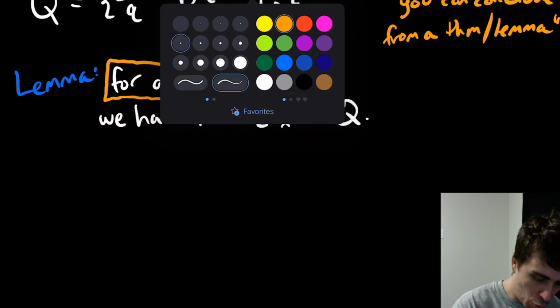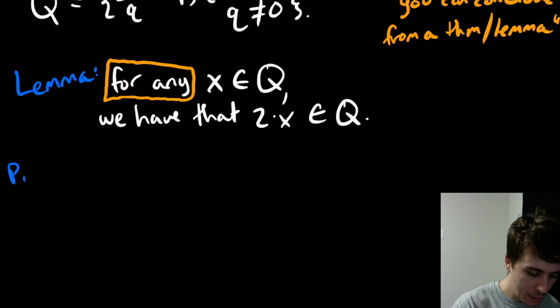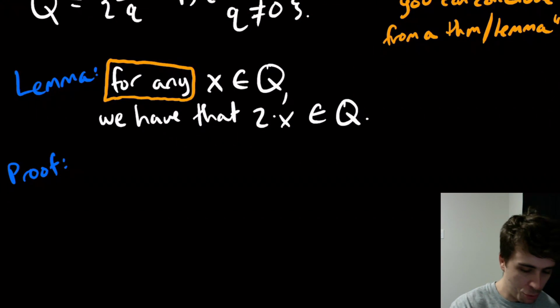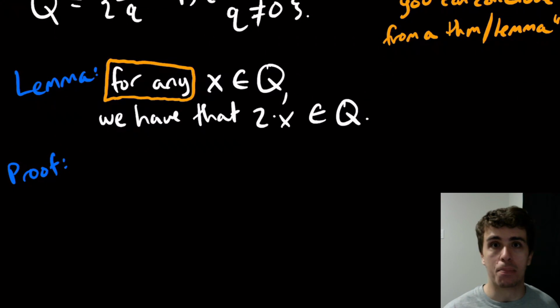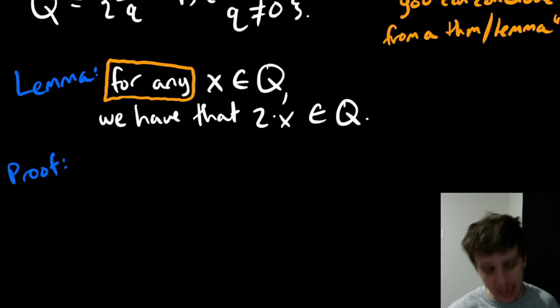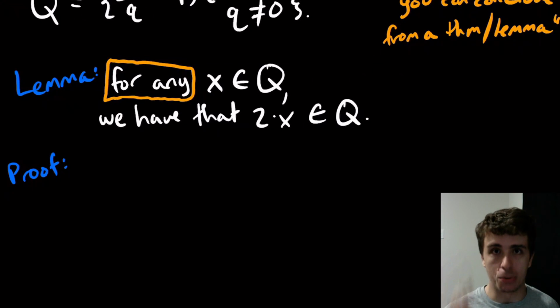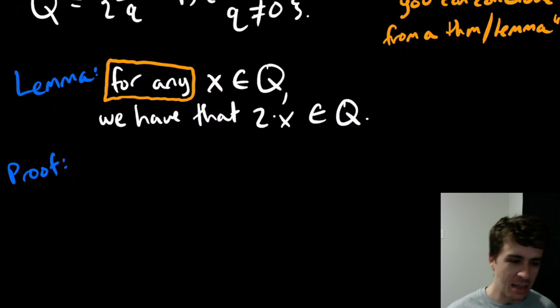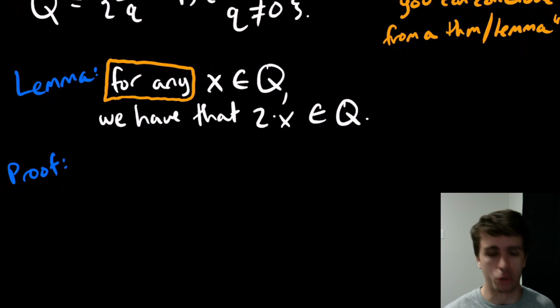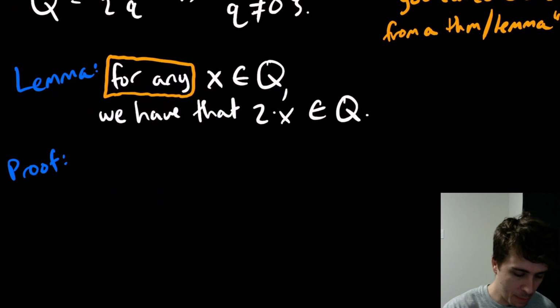So the way that you start here is you usually write the word proof right here. This is to signify that the proof is starting right here. And at the end, I'll put something to say that the proof is done. You don't actually have to do that, but it's helpful for the reader if they're not as experienced with reading proofs as other people might be.